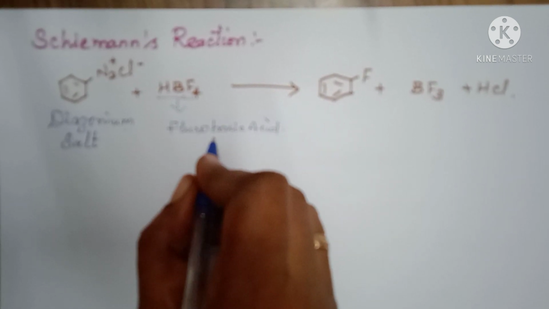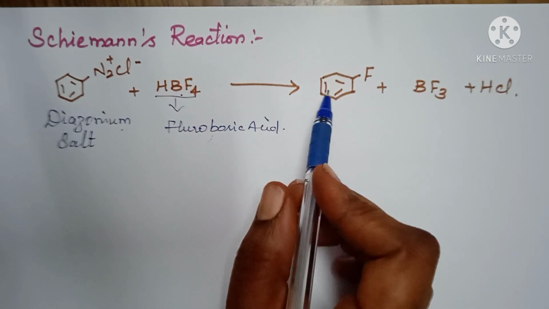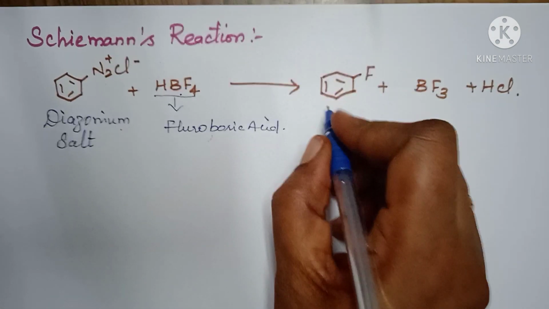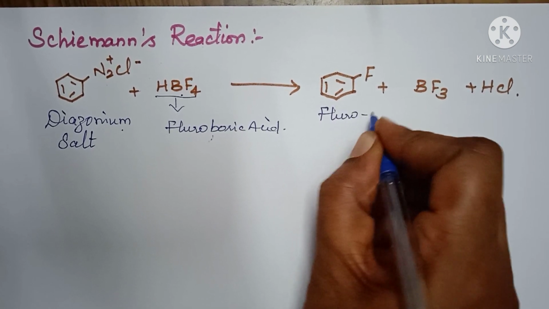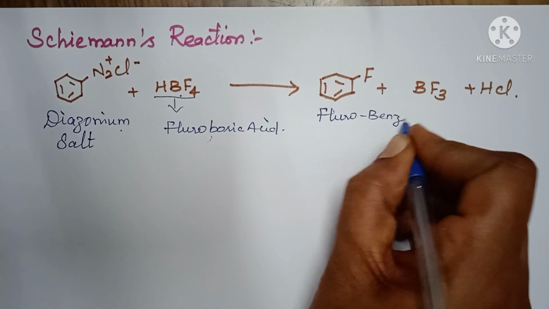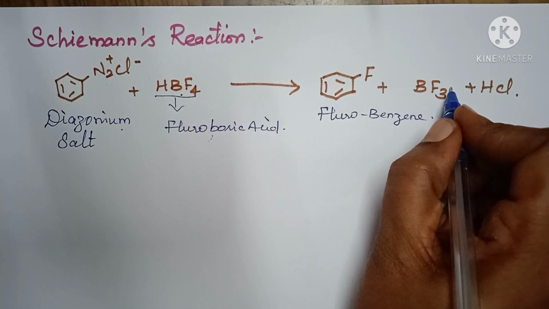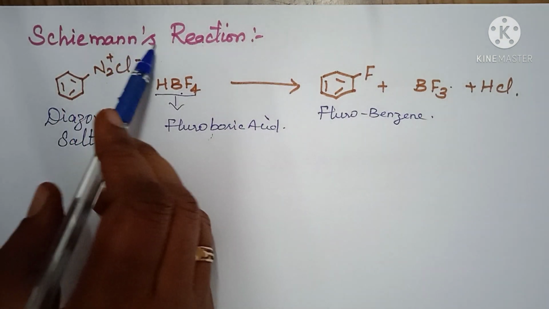So fluoroboric acid gives fluoroarenes, that is fluorobenzene, plus BF3 is formed. So this is Schiemann's reaction.